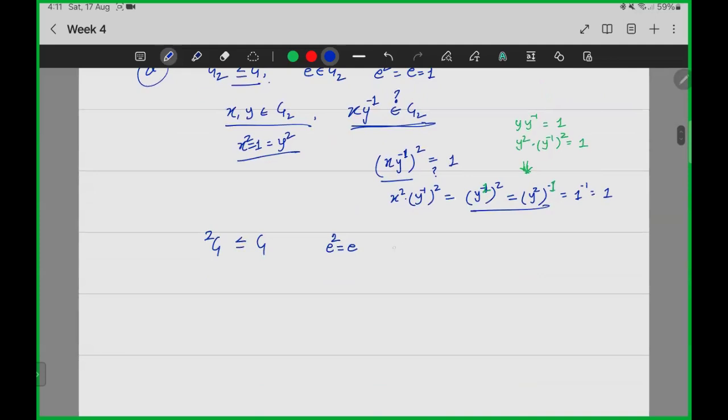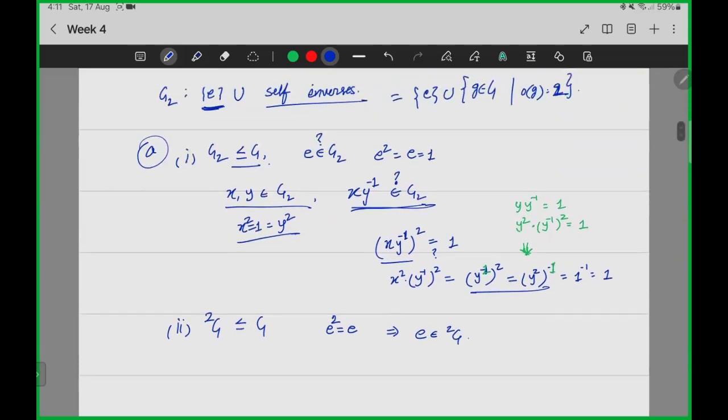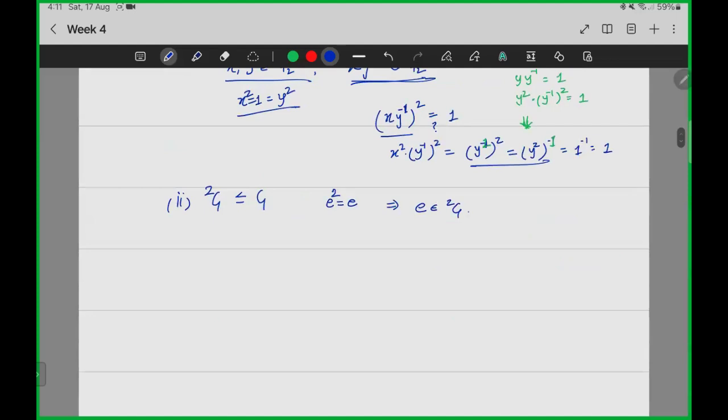So this implies E belongs to 2G. Now we have to show that if X and Y both belong to 2G, will X Y inverse belong to 2G?